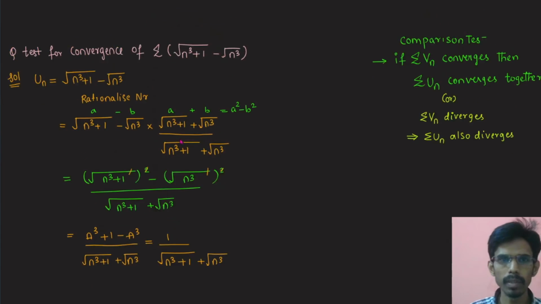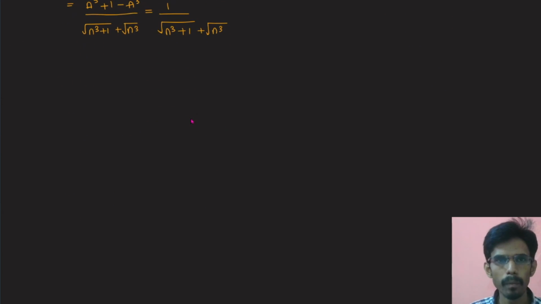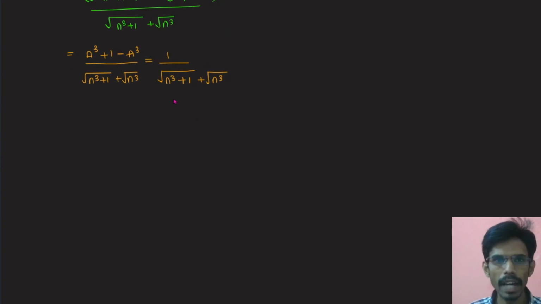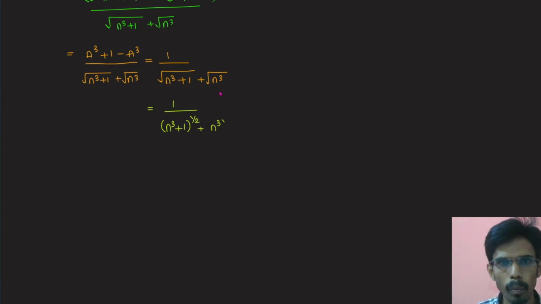Now we have a root term in the denominator. Now we take the highest power of n from the numerator and highest power of n from the denominator. So let us take the highest power of n from the denominator. We have 1 by, if I take n, or this can also be written as n cube plus 1 whole power 1 by 2, plus this can also be written as n cube power of 1 by 2, this root.